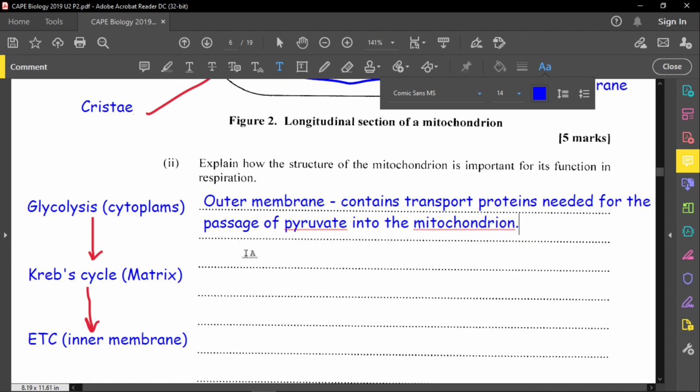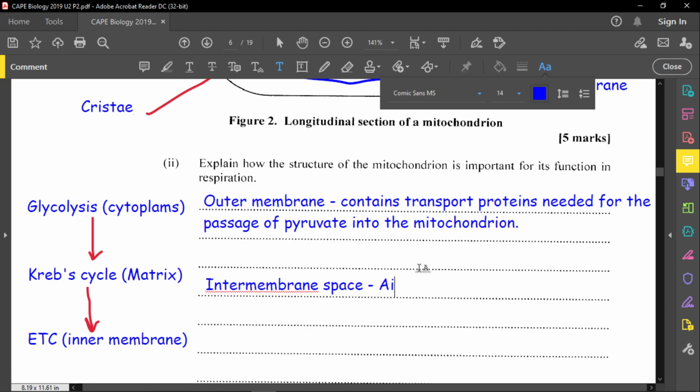Now, the next one we're going to talk about is the intermembrane space. The intermembrane space doesn't have a great deal of function that we're concerned with for the process of respiration. But it serves an important function, though not a major role, because it's a passageway, really.